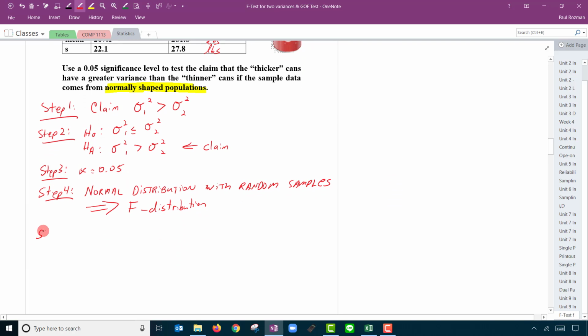Now we can move on to our test statistic. This is a nice one, easy to calculate. It's just S1 squared over S2 squared. So our S1 was the 27.8, and our S2 was 22.1. Remembering to square them both, you get 1.5824.